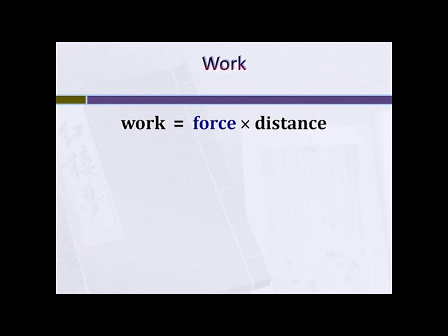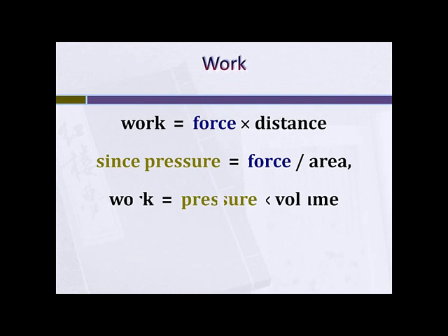Work, as we said, was force through a distance. Since pressure is force per unit of area, work is pressure times volume. Specifically, the work that a system may do is negative P delta V. That is, there would be a change in volume.